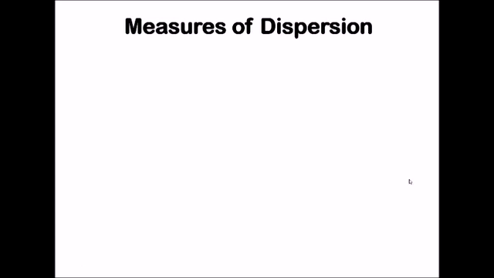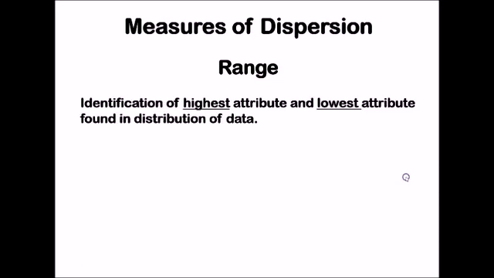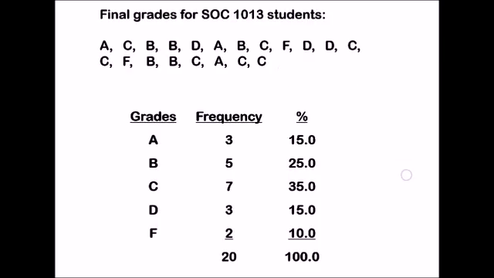Measures of dispersion, and again I'll simply look at the range rather than the standard deviation. The range involves the identification of the highest attribute and the lowest attribute found in the distribution of data. Okay, so it's the highest and then the lowest. That gives you the range.